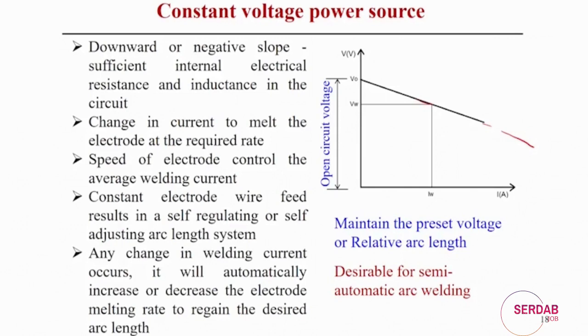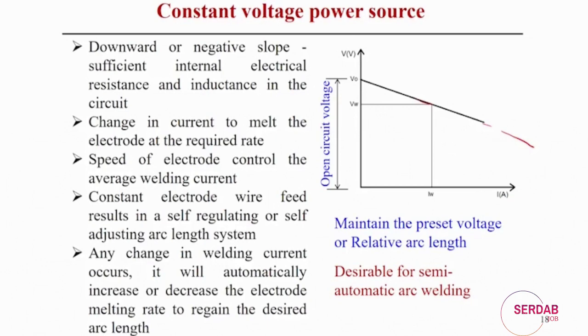This type of power source is characterized first by sufficient internal electrical resistance and inductance in the circuit, so that if there is a small change in the current, it tries to maintain an almost constant voltage by changing the current.